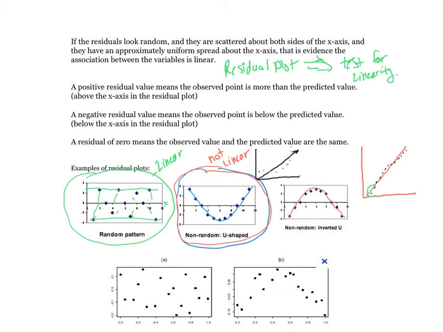Like you see these two dots that are below, in the residual plot, they're here. These points that are above the regression line look like these points right here. And then these points that are below again would represent these over here. So you can see it's harder to see the pattern in the scatter plot, but it's easier to see it in the residual plot. And that's the value of the residual plot.